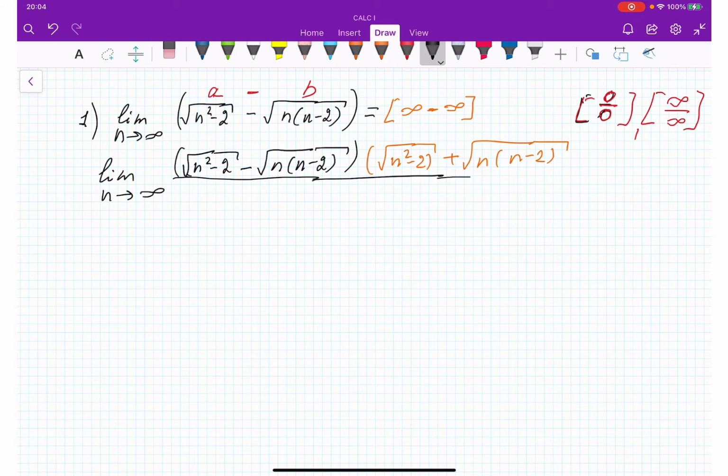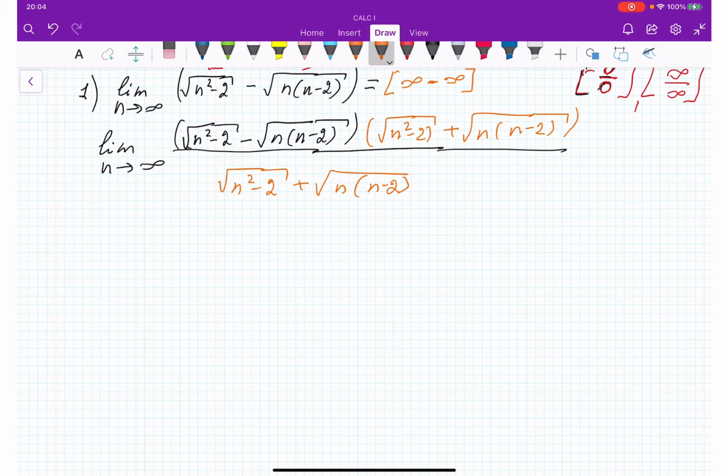In the denominator, we divide by the expression that we multiplied, so it's going to be square root of n squared minus 2 plus square root of n times n minus 2.